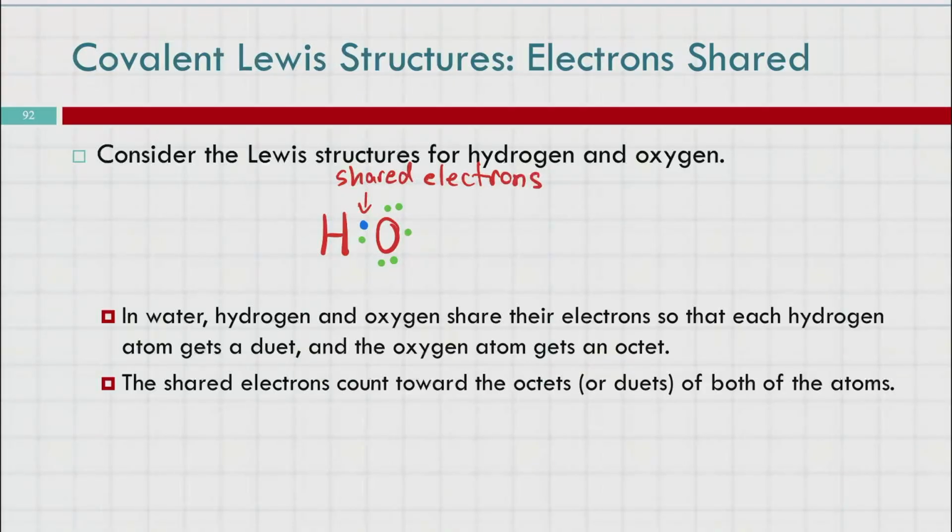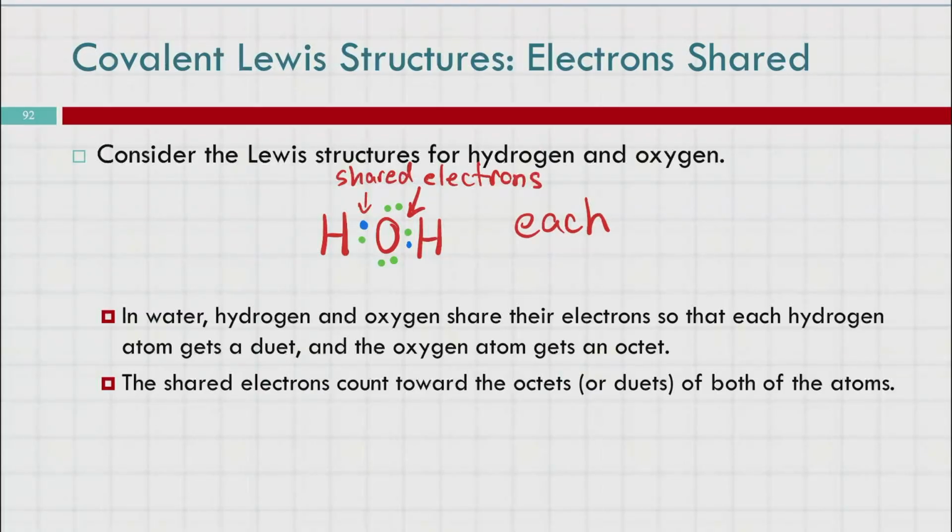It needs 2 electrons. It's got 2 electrons. It also counts for the oxygen. So oxygen has now picked up 1 electron. So it has 7 electrons around it. 7's not a full octet. So we'll need to bring in another hydrogen with 1 electron. And we can scooch that in. And now we've got another set of shared electrons.